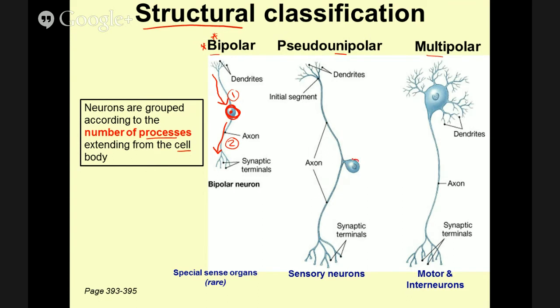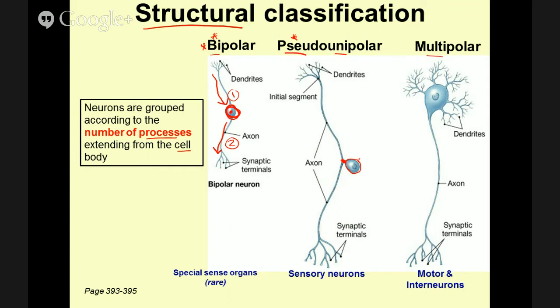So this is your unipolar neuron or pseudo-unipolar neuron. It's more correct to call it pseudo-unipolar because these neurons start off looking like the bipolar one inside an embryo, and then later the processes merge together to give you this kind of T-junction effect right here. So it isn't really unipolar for its whole life, so we call it pseudo-unipolar, which means kind of unipolar.